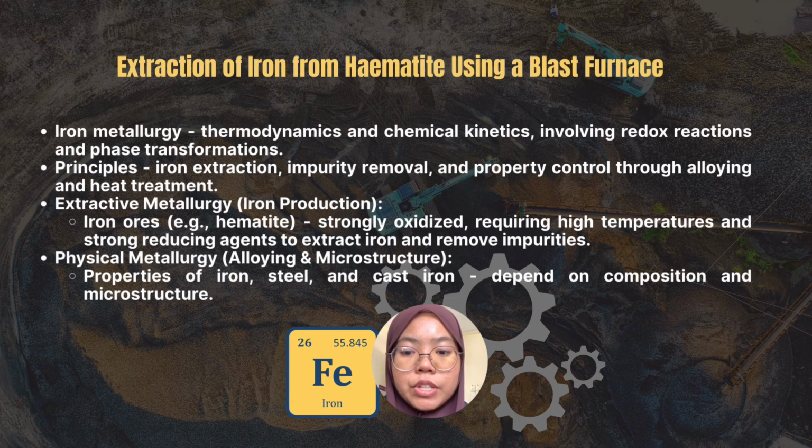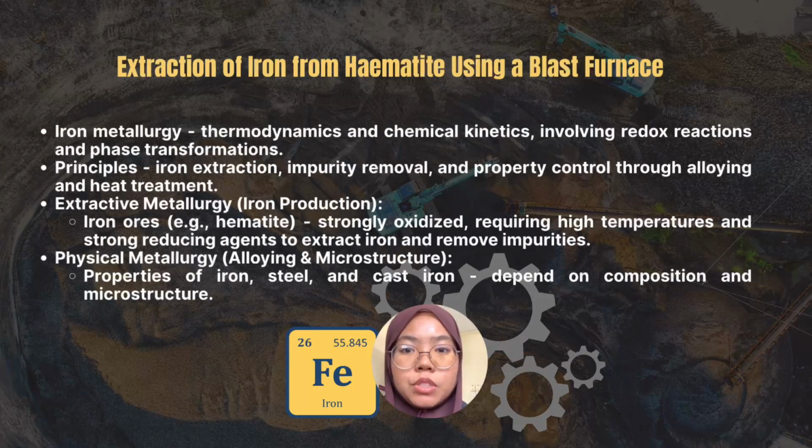The metallurgy of iron is fundamentally governed by the principles of thermodynamics and also chemical kinetics, which involve oxidation and reduction reactions, and also phase transformation. The iron production also explains how iron is extracted from its ore, how the impurities are managed, and how its properties are engineered.